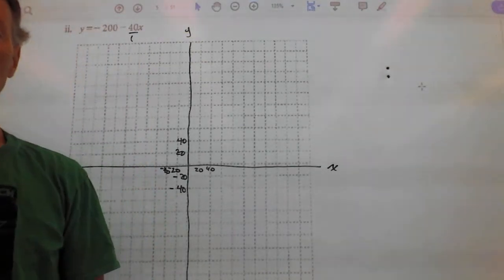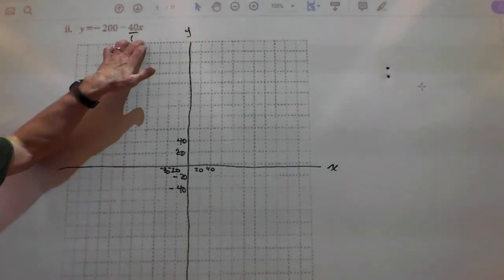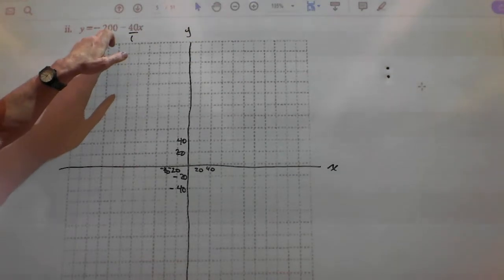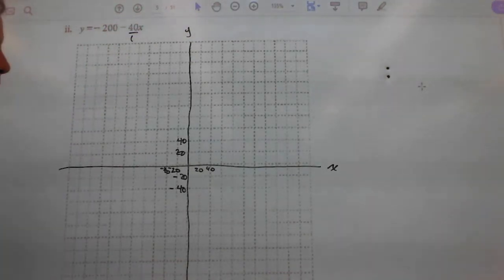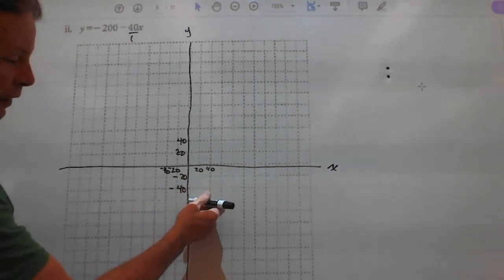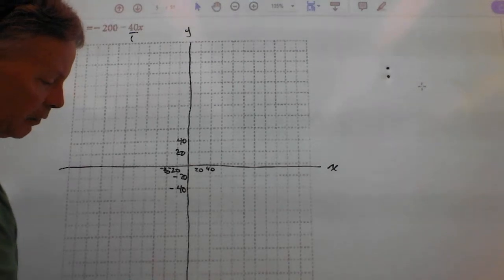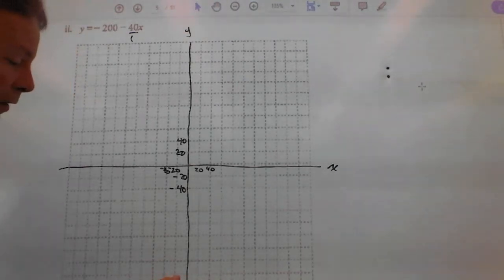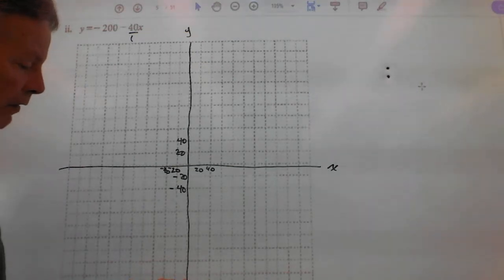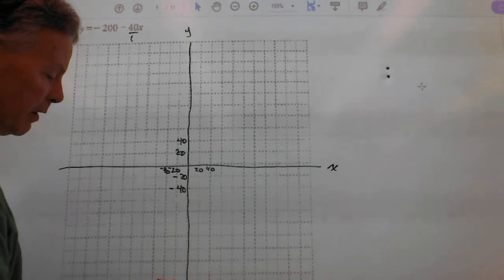Slope as a fraction allows you to find that second point. Our y-intercept is at -200, so that means we're going to go 20, 40, 60, 80, and so on down. Okay? So there's our y-intercept at 0 and -200.